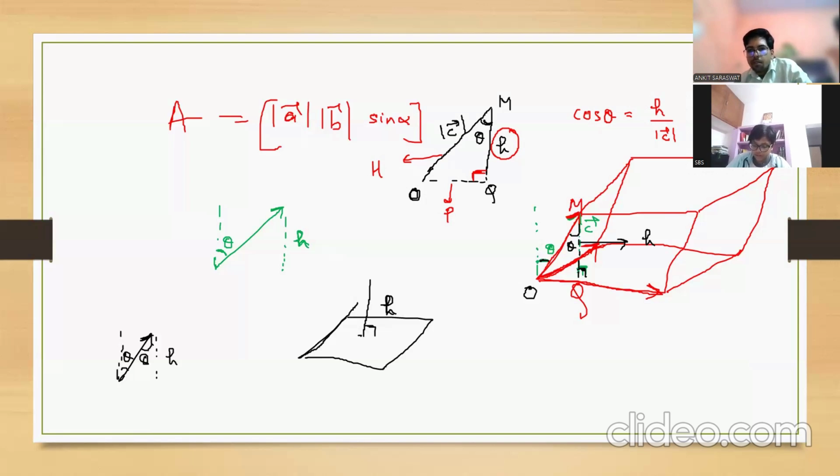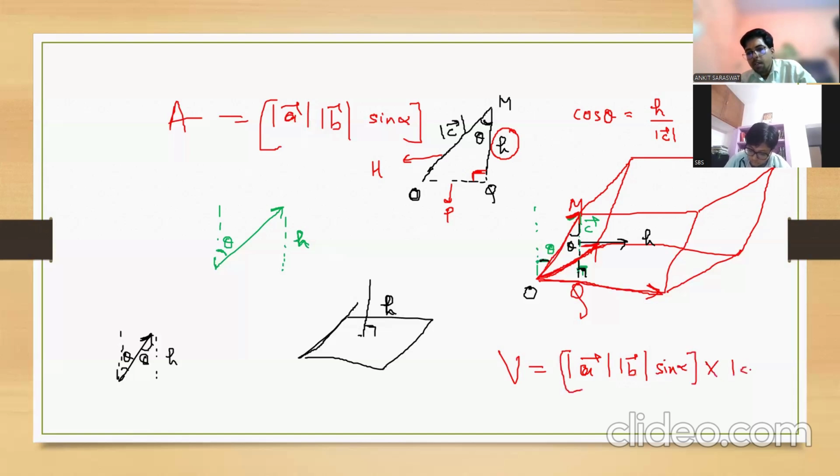So what I have observed, you write this. Volume of the parallelepiped is the area of base, that is mod A, mod B, sine alpha, multiplied by height.